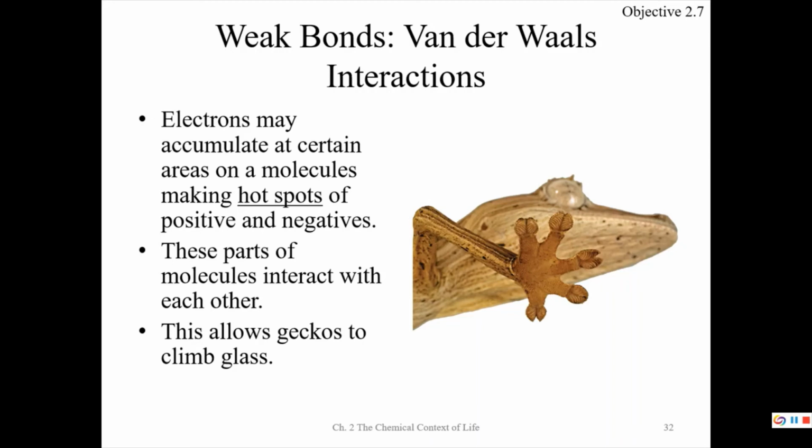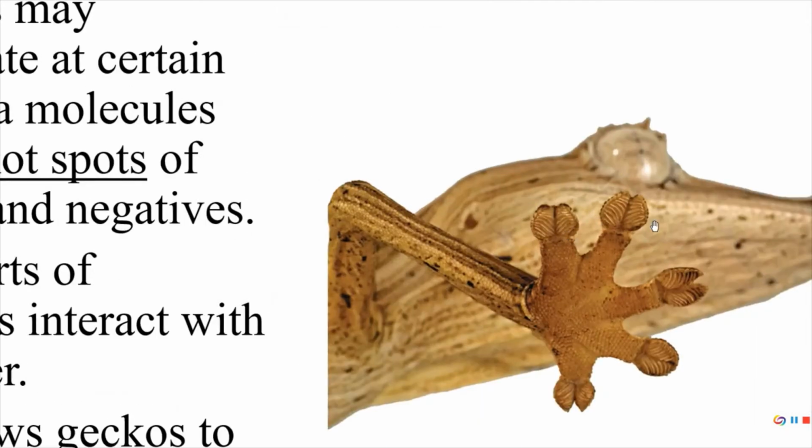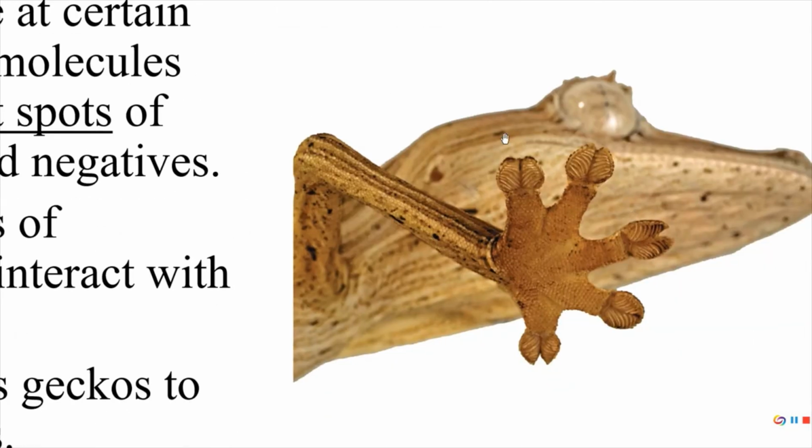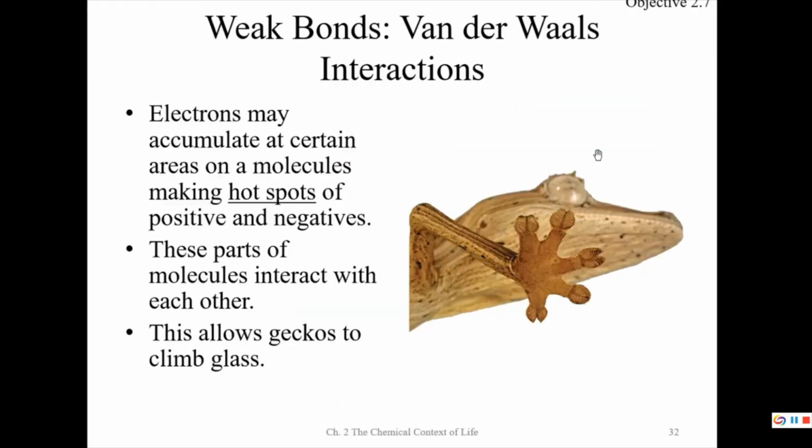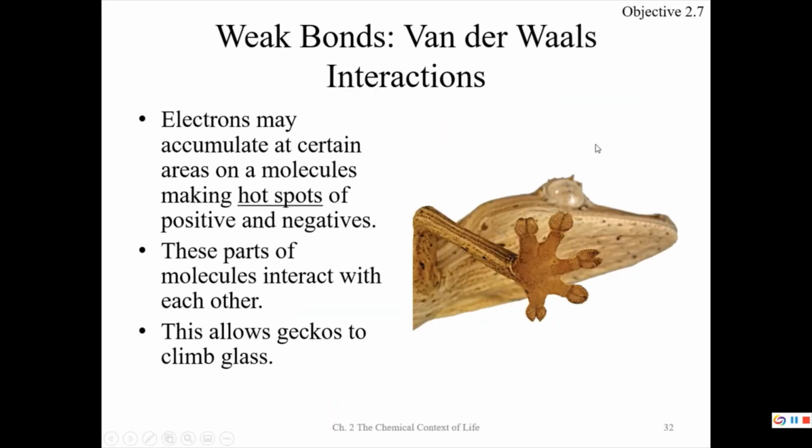This is why geckos can walk up glass, because they can form van der Waals interactions with their toe pads. These little toe pads allow them to form van der Waals interactions with the glass. So, temporary, weak molecular interactions.